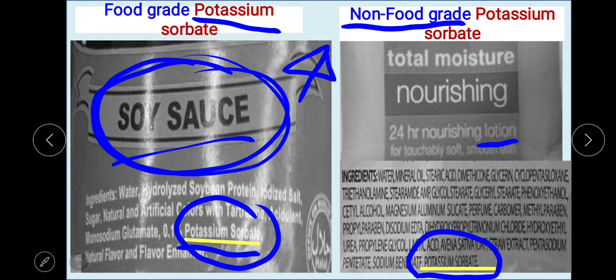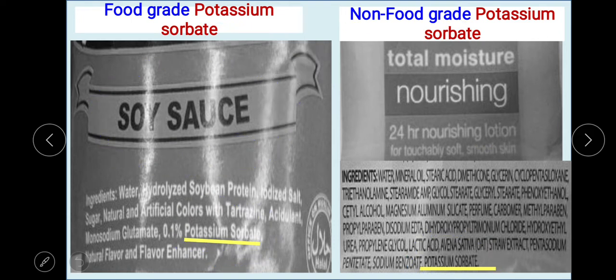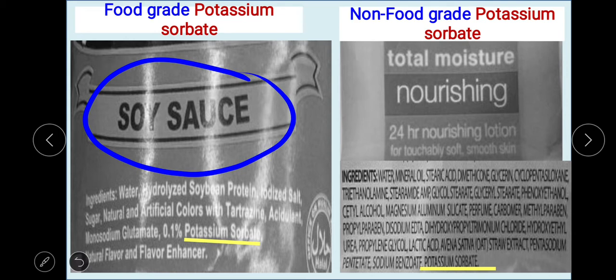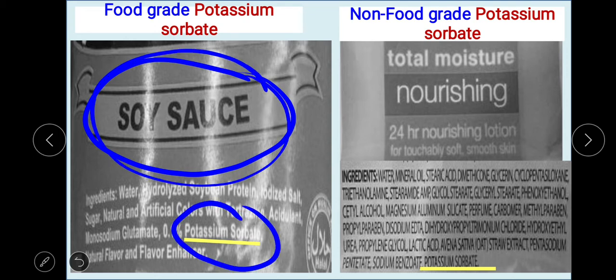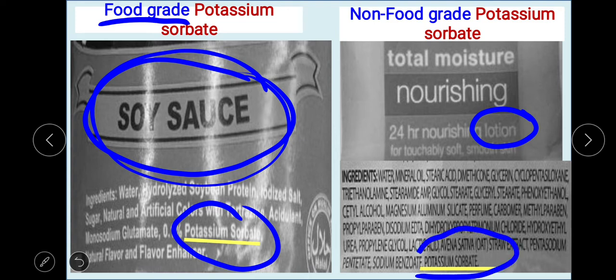Soy sauce is good to eat, no? Soy sauce is mixed with other food for us to eat. Meaning to say, the potassium sorbate added to soy sauce is food grade. While in lotion, because we cannot eat lotion, the potassium sorbate added to lotion is non-food grade.